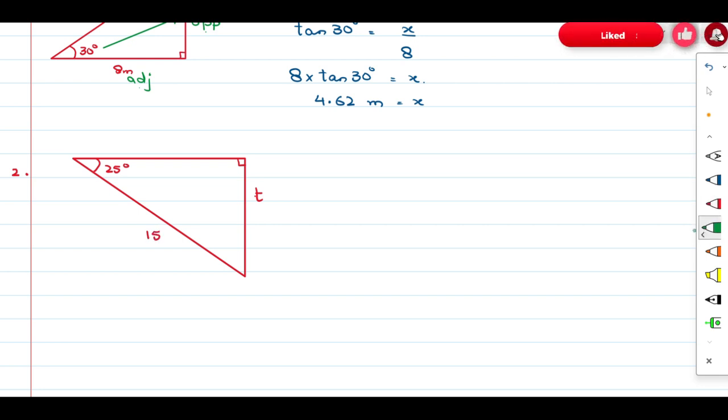Now we have the triangle. The front side of the angle is always the opposite side. This is the adjacent side, which we don't need right now, and the inclined one is the hypotenuse. Sorry, we are not dealing with the adjacent right now.